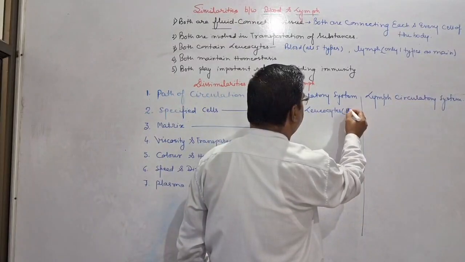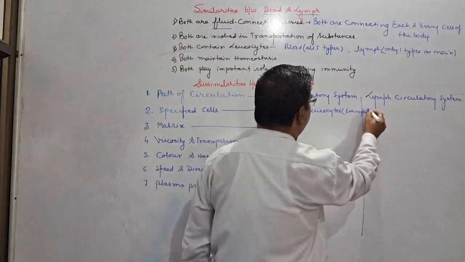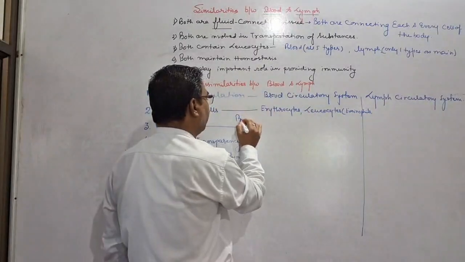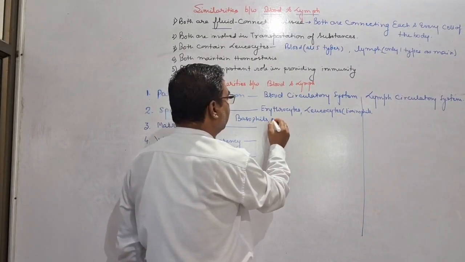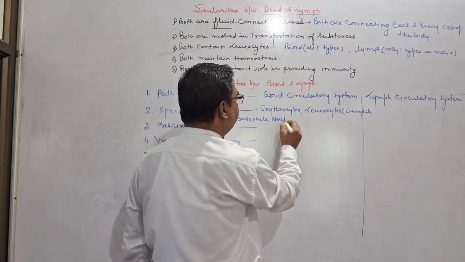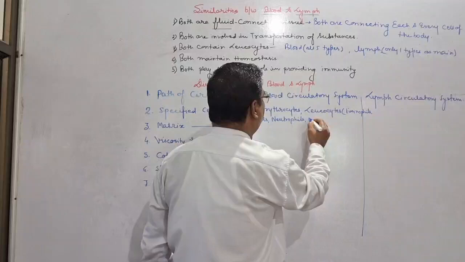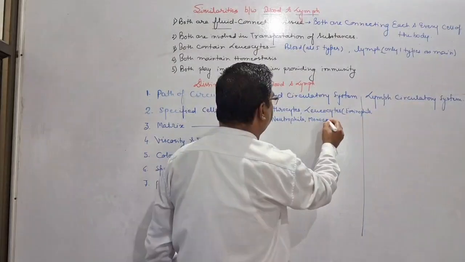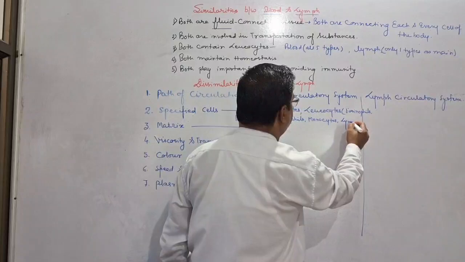First is eosinophil, basophil, neutrophils, monocytes, and lymphocytes.